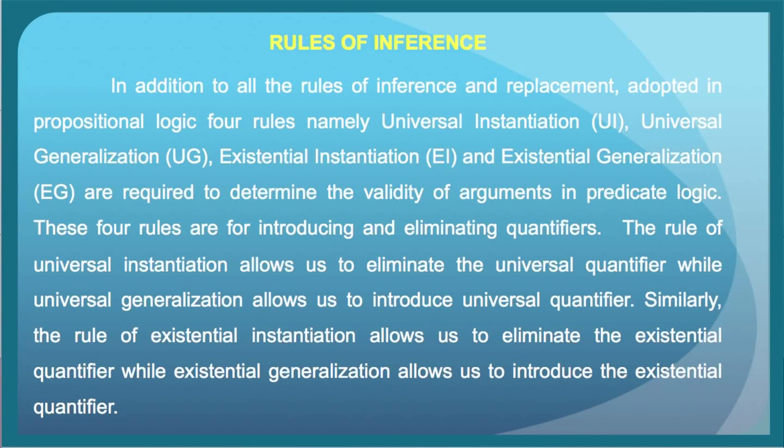The rule of universal instantiation allows us to eliminate the universal quantifier, while universal generalization allows us to introduce the universal quantifier. Similarly, the rule of existential instantiation allows us to eliminate the existential quantifier, while existential generalization allows us to introduce the existential quantifier.